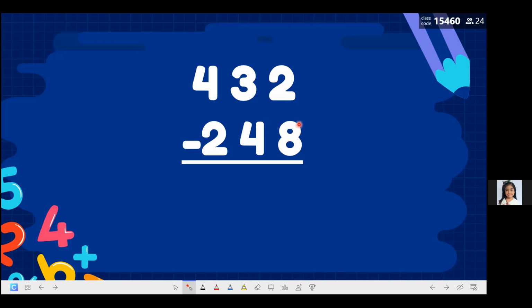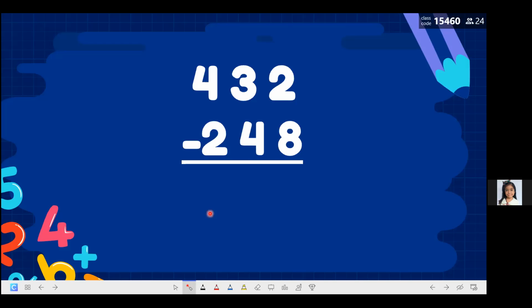What about the subtrahend? 248. Yes, that's right. So we arrange them according to their place value. Ones place, 2 and 8. Tens place, 3 and 4. And hundreds place, 4 and 2.